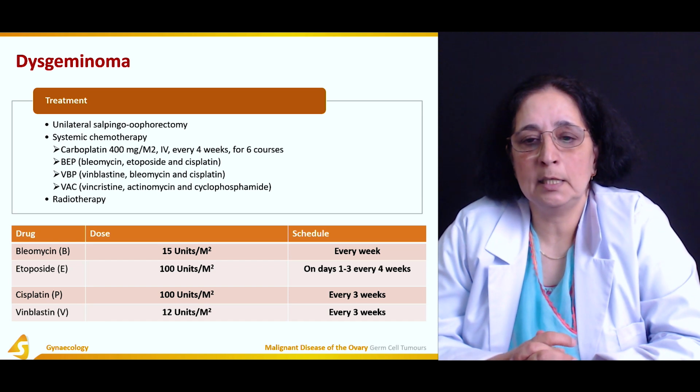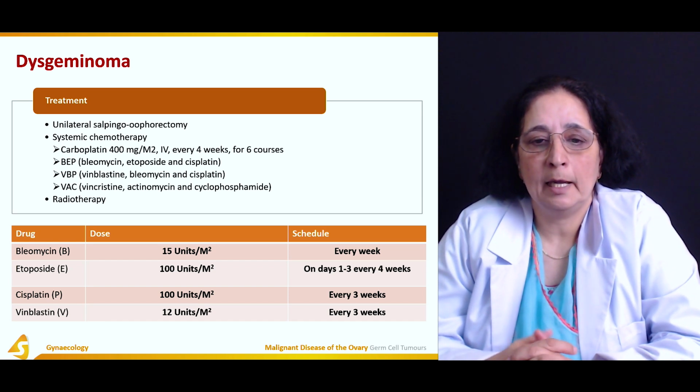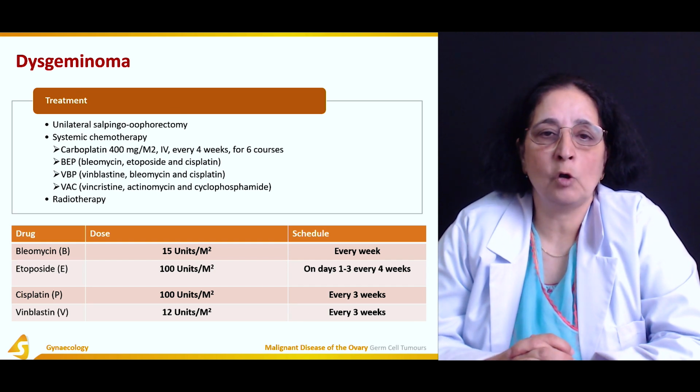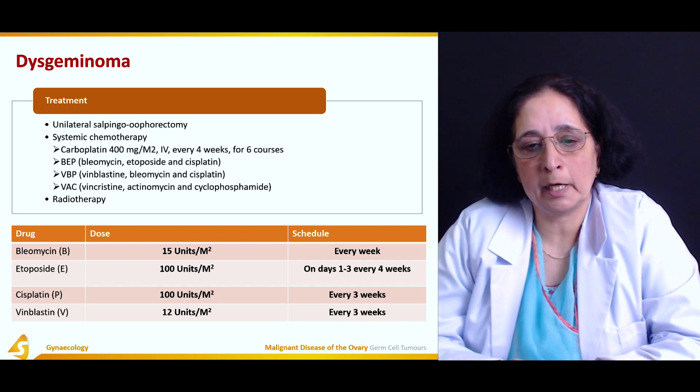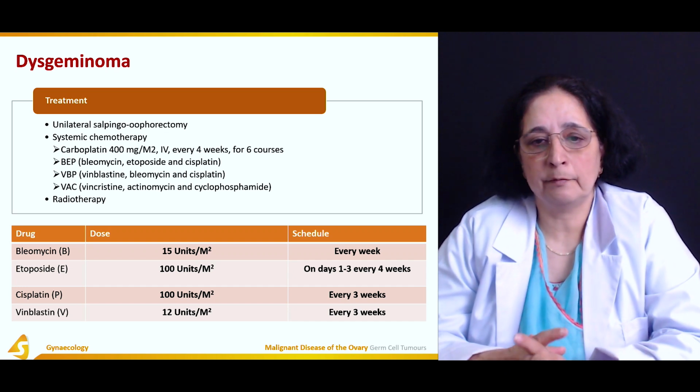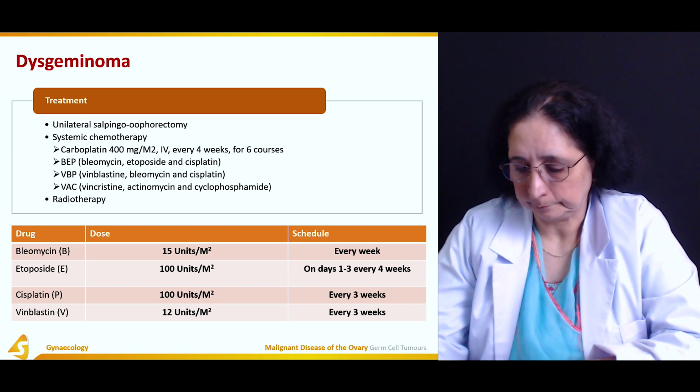Vinblastine, bleomycin, and cisplatin, and then VAC, which is vincristine, actinomycin, and cyclophosphamide. So these are 3 main combination chemotherapy methods used. And then radiotherapy is also effective for the dysgerminomas.